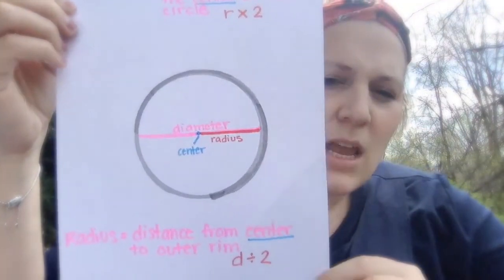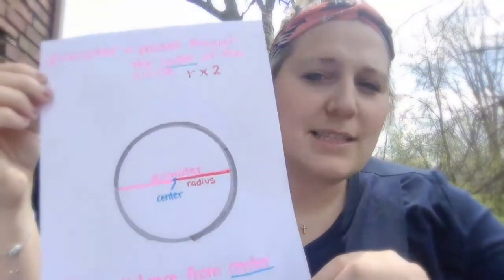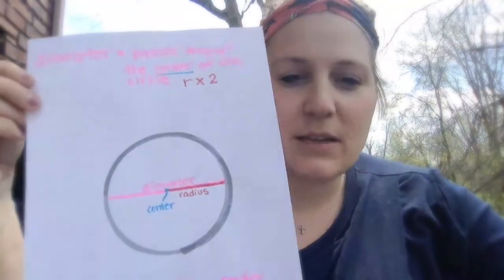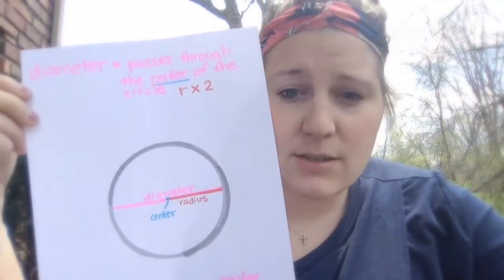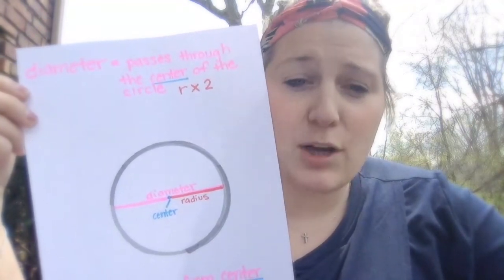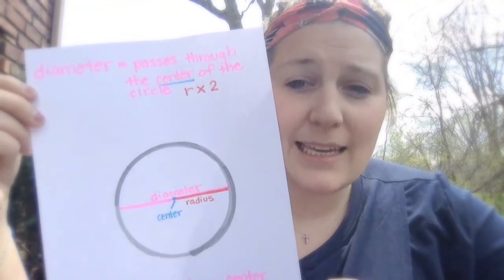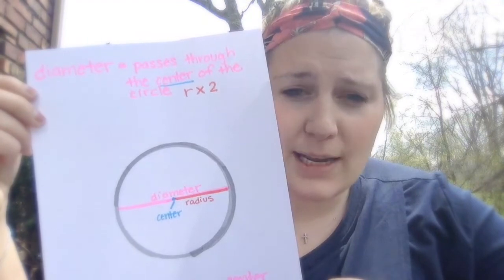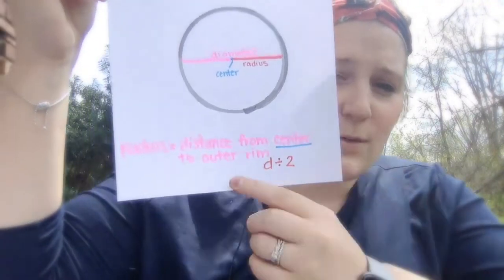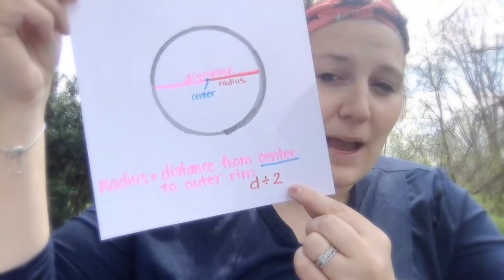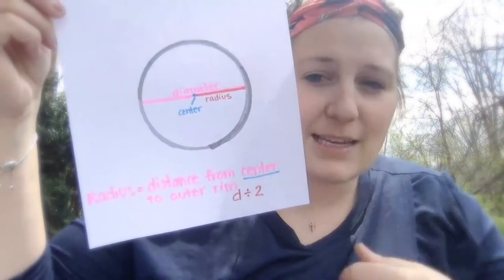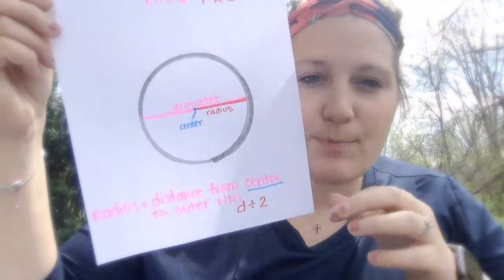Okay? So now it gets into the math of it. We can use diameter or radius to find one another. So if I know diameter, I can get radius by this equation here. Diameter divided by 2 would give me my radius because it's giving you 1/2.